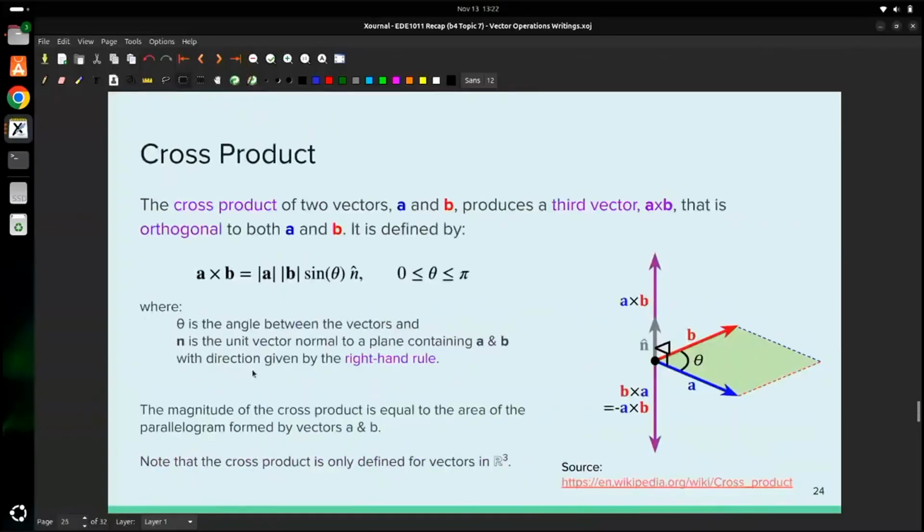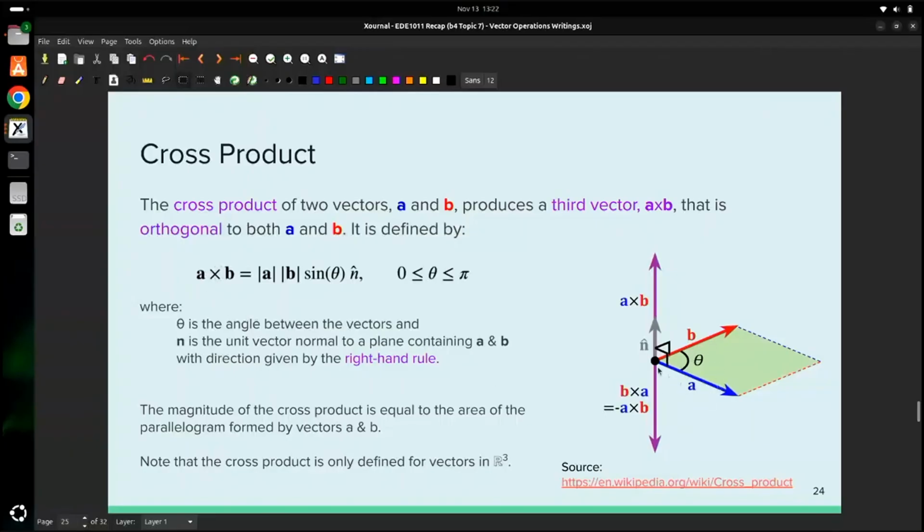Okay? So now we move on to cross product. Cross product is an operation between two vectors that is going to give you a third vector that is perpendicular to the two original vectors. Of course that sounds a mouthful, but if you look at the diagram here, you'll see why.